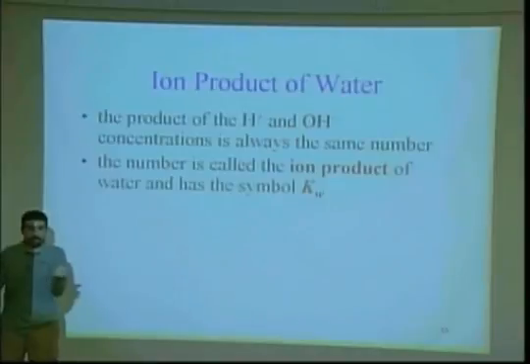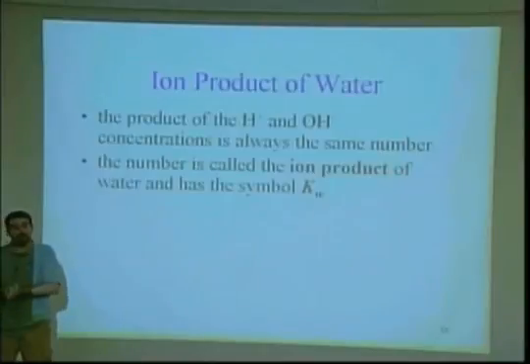For example, let me rephrase the question. Let me ask it a different way. Which number is bigger, 1 times 10 to the minus 7 or 1 times 10 to the minus 6? Which one's the bigger number? Minus 6 is a bigger number, right? The pH scale. The lower the number, is it more acidic or more basic? Remember?